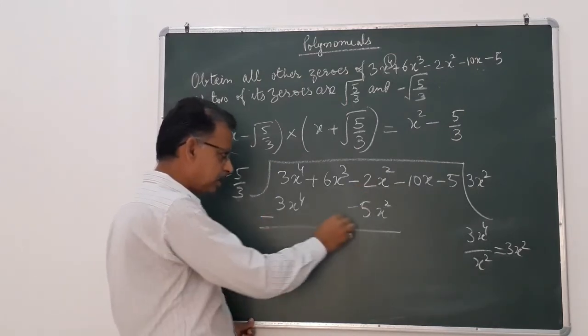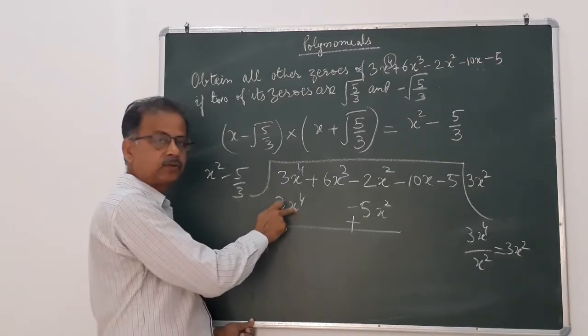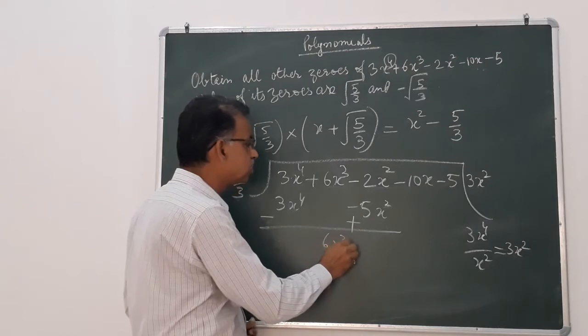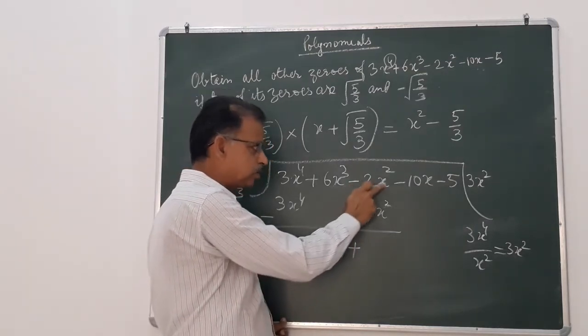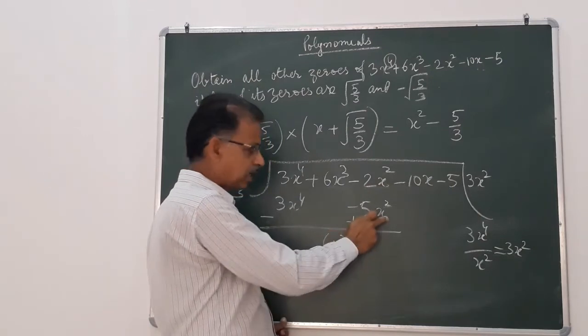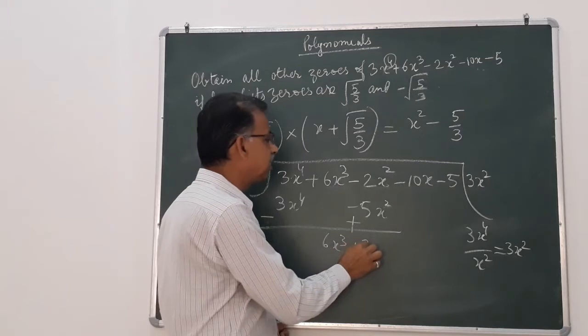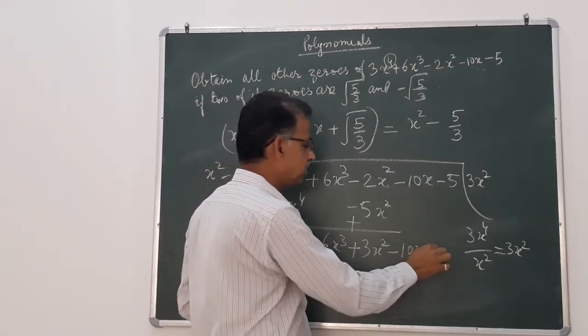Now we subtract 3x power 4 minus 3x power 4. Sum of these two terms is 0. So 6x cube. Now what is sum of minus 2x square and plus 5x square? Sum of these two like polynomials is 3x square minus 10x minus 5.